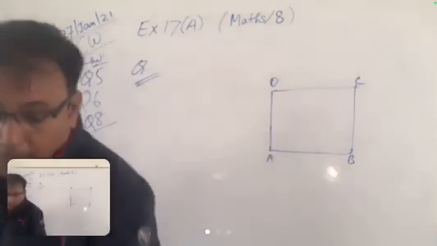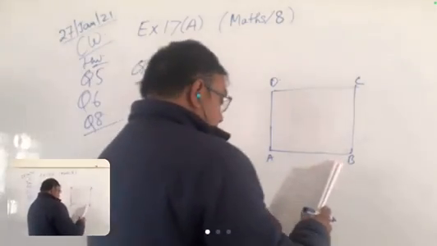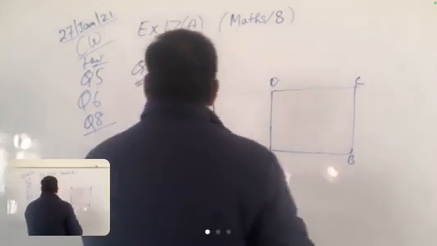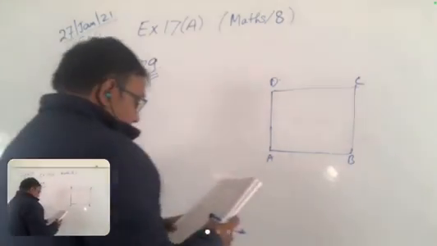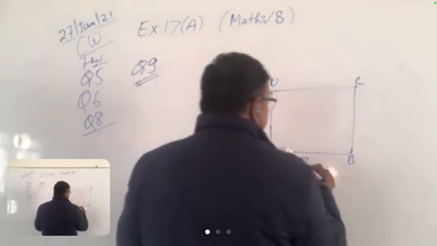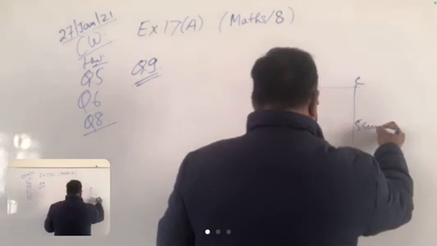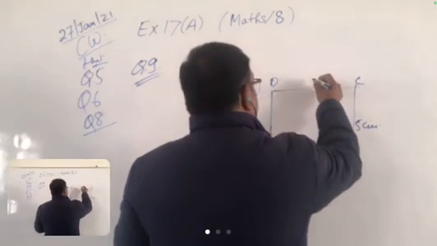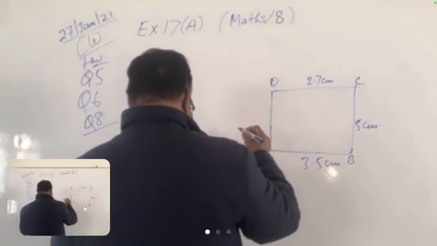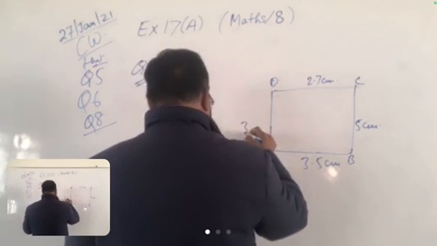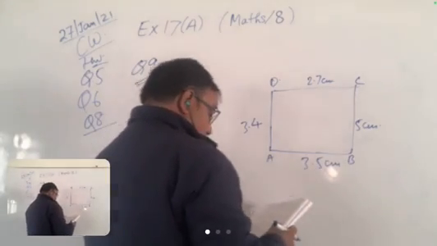There is a quadrilateral ABCD, and now this is question number 9. AB is 3.5 centimeter, BC is 5 centimeter. Oh, that one is already done, which one am I doing?